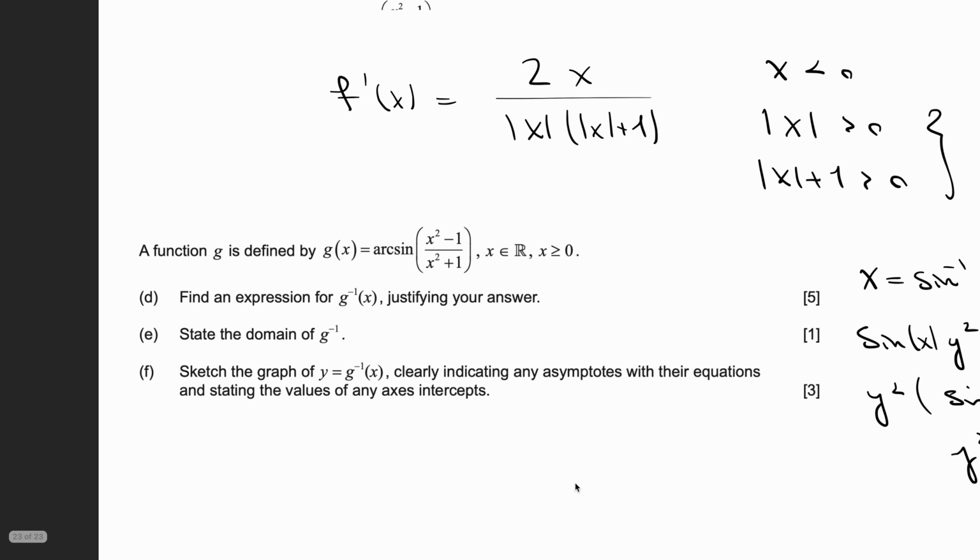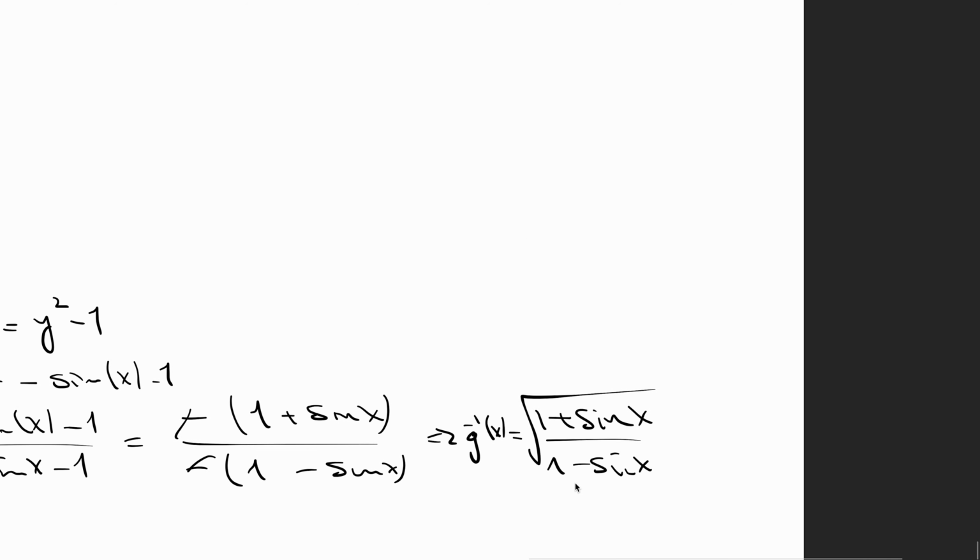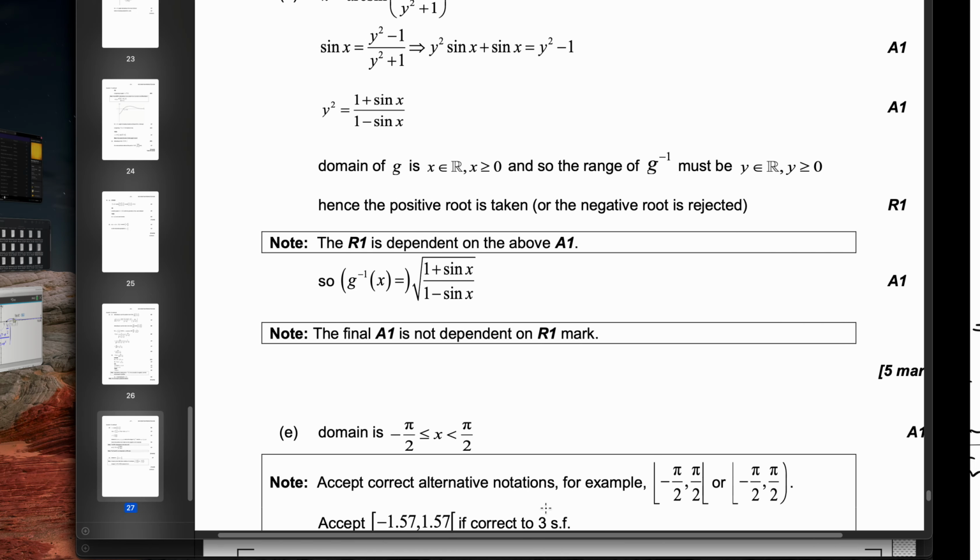State the domain of g inverse of x. Its domain. Well, it obviously, so the denominator cannot be 0. So sine of pi over 2 is a no-no, right?